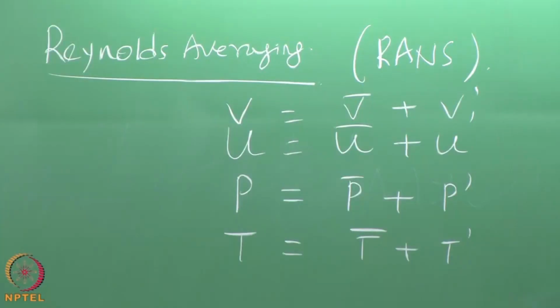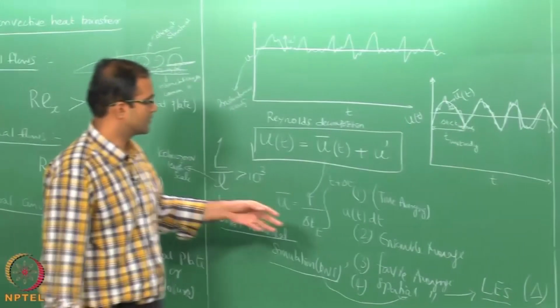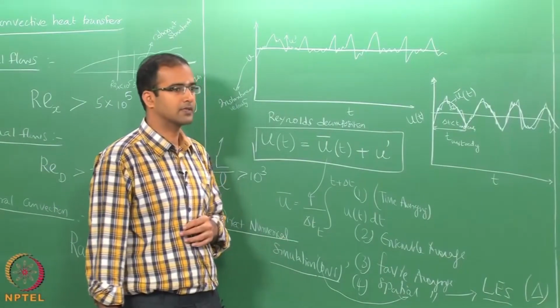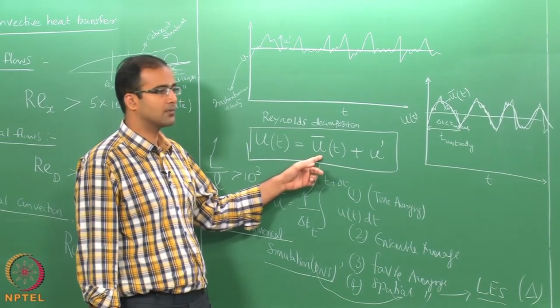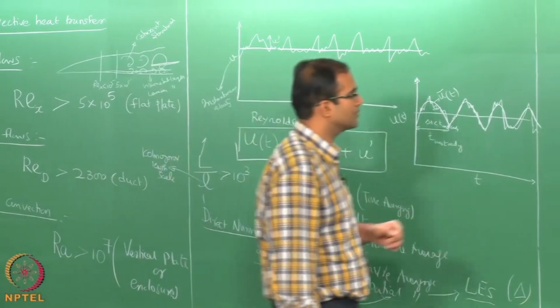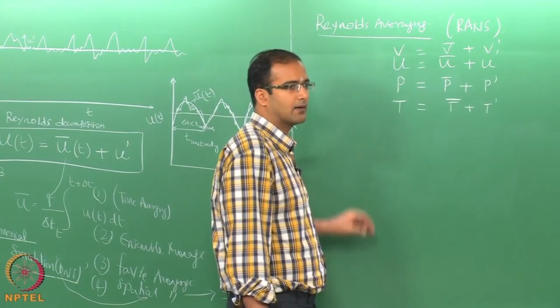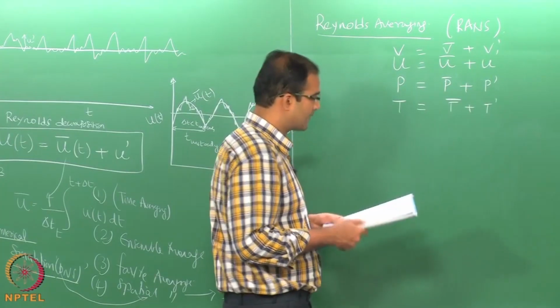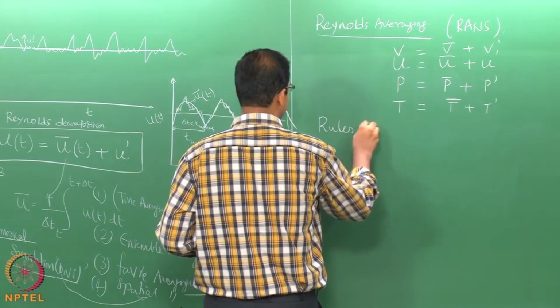We do the Reynolds decomposition for all the flow parameters here by constructing a filter, which could be either a time-wise filter or an ensemble-wise filter, and then we decompose that into a mean and fluctuating component. Now, before we do the derivation, there are certain rules that we have to list down. So, I will just state what are called the rules of averaging.